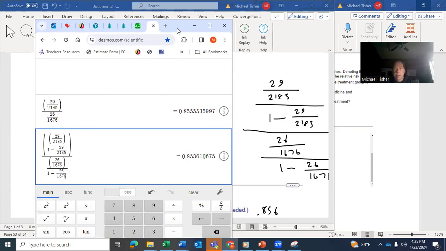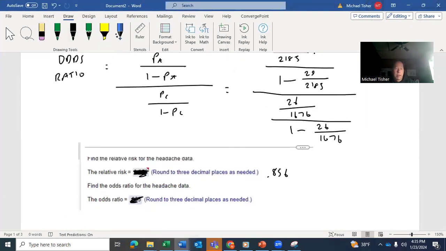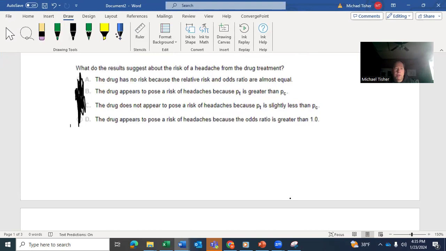All right, and we get 0.853610675. We're going to round that to the nearest three decimal places, so that'll be 0.854. Okay, now we have this interesting question: what do the results suggest about the risk of a headache from the drug treatment?